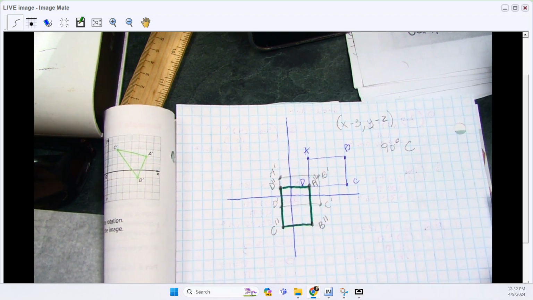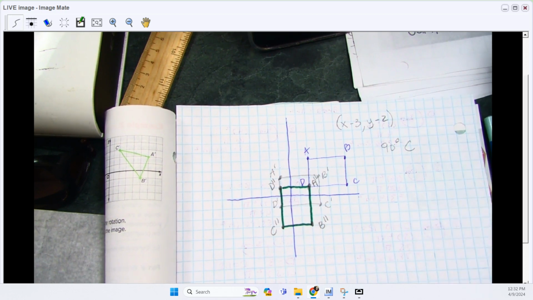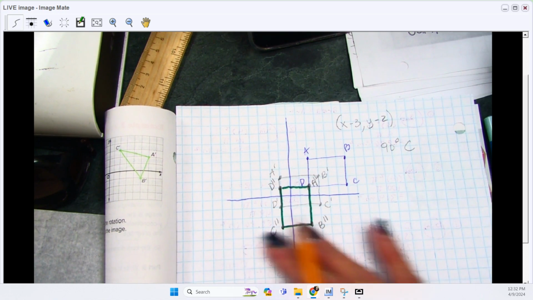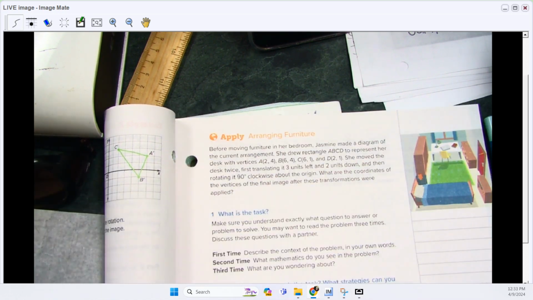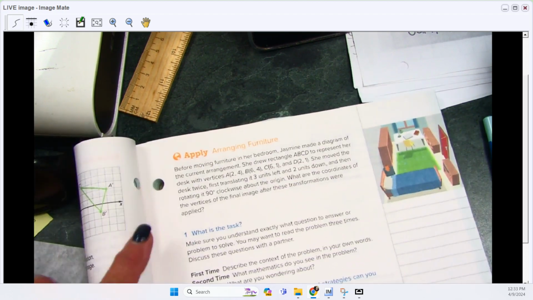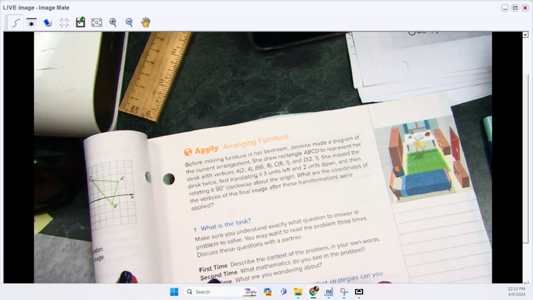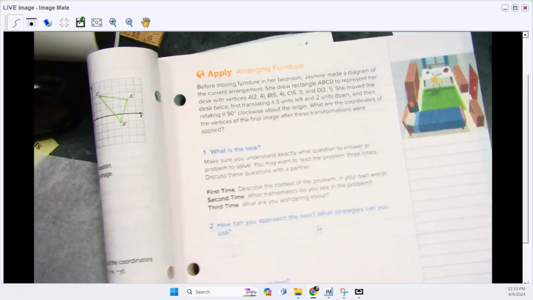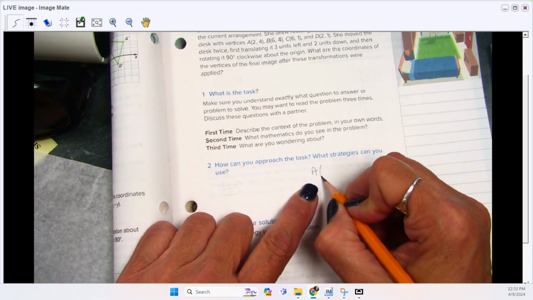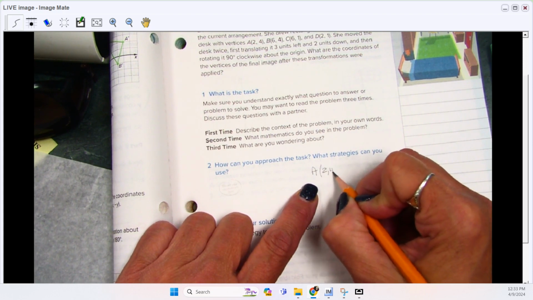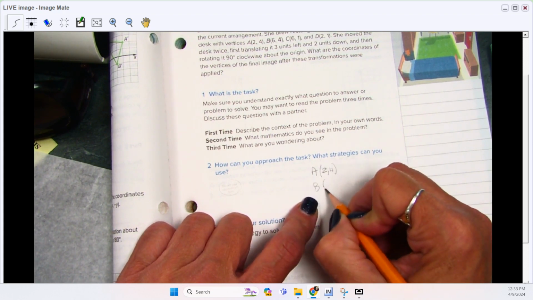Now, if we had done this just using the coordinates, not drawing the picture, we could also do that. So I'm going to actually write it here. I know you can't see it, but we're going to move it a little bit. A was 2, 4. B was 6, 4.